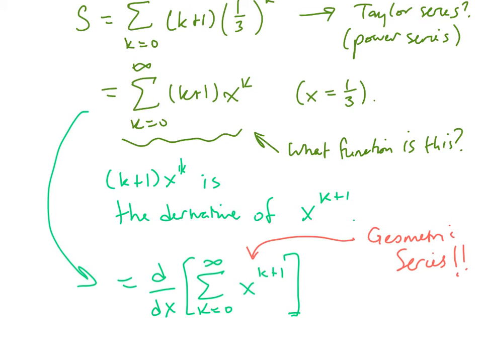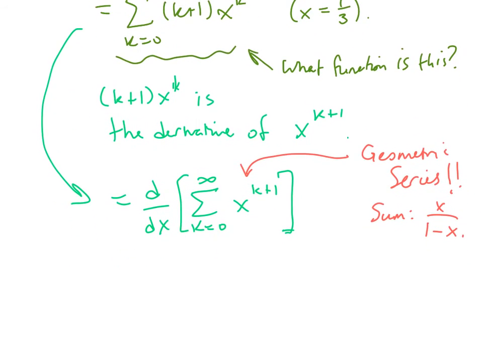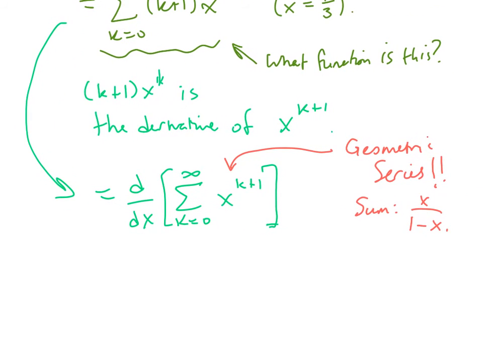And its sum is the first term, which is x to the 1, because when you look at the k equals 0 term, this gives you x to the 1. So its sum is x over 1 minus the common ratio. And the common ratio that takes one term to the next is x. So this thing here is really d dx of x over 1 minus x.